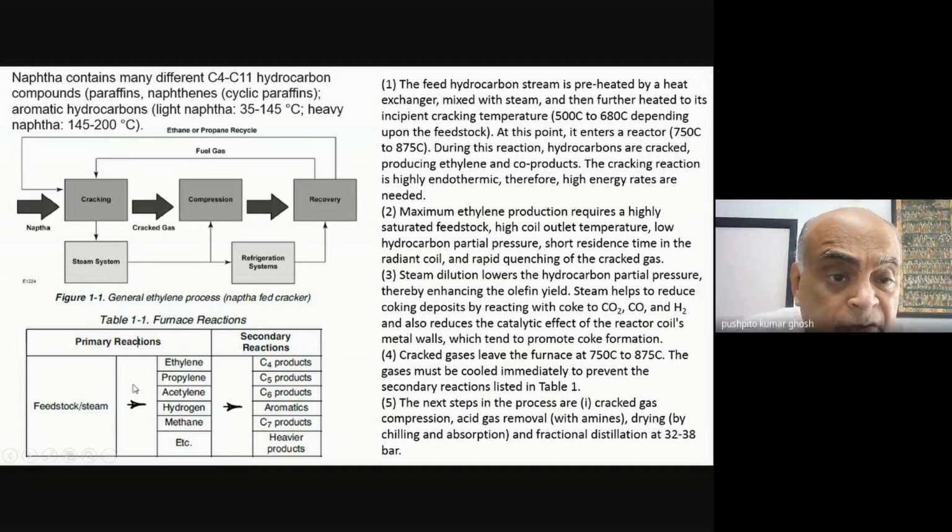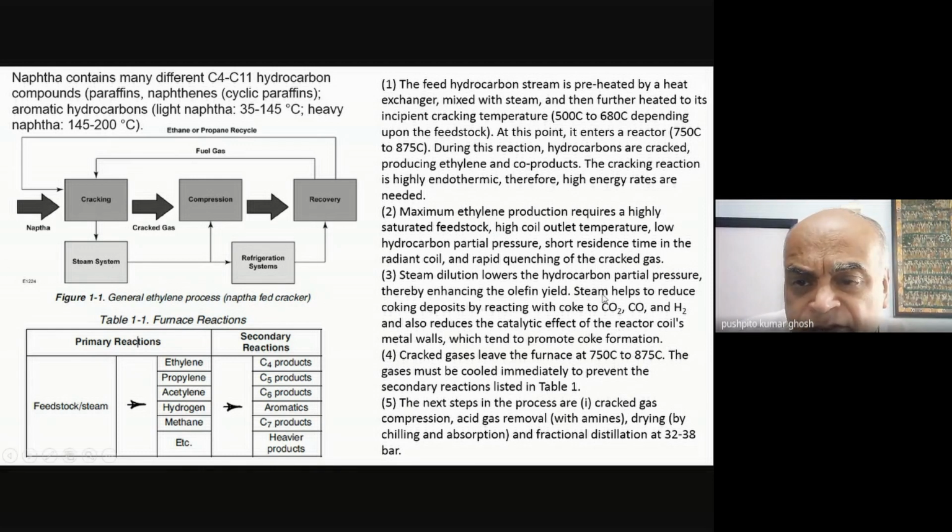So steam serves two purposes. One is that it dilutes the products which are obtained, and the second is that if any coke is formed incipiently, it will immediately react with that coke and basically convert it into syngas. So that's what you'll have.